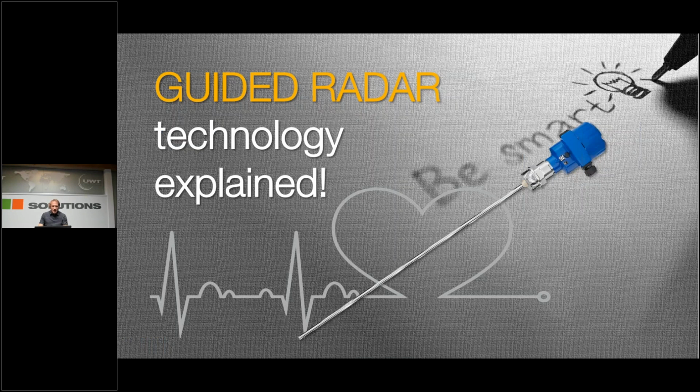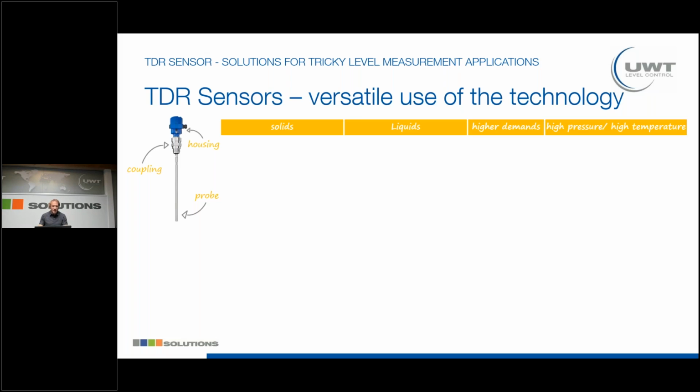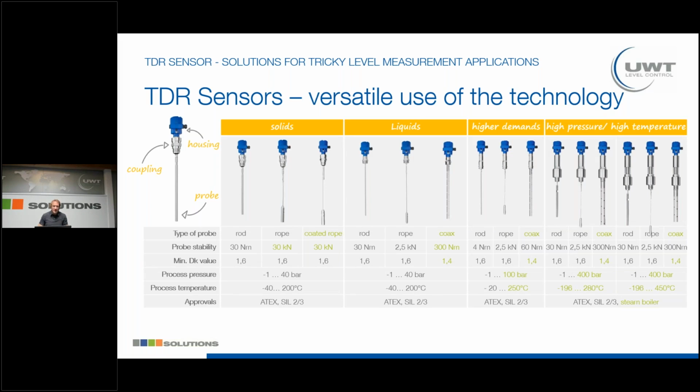So when we're now having a closer look at the technology, first of all, the sensor: the basic components are the housing, the coupling, and, as I already mentioned, the probe. And we do have sensors for solids, for liquids, for higher demands, and then for the high pressure, high temperature applications.